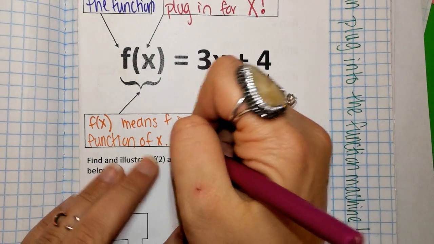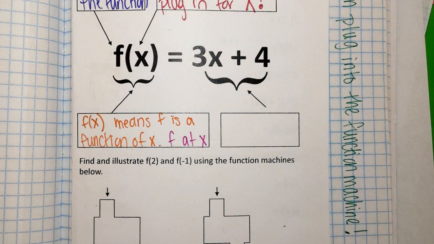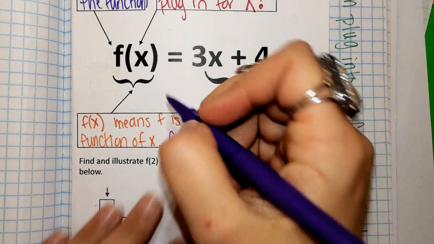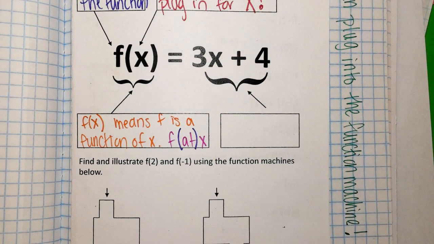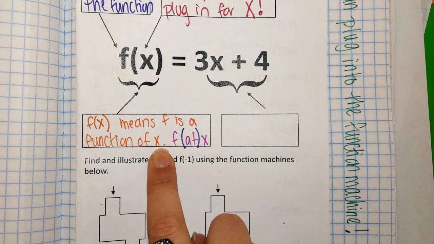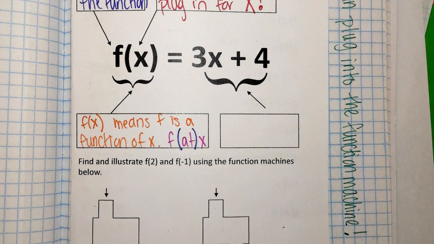And we say that as f at x. Not fat x, f at x. Because it's the function, the y value, at the x value. So remember when we plug in, that gives us our y value and it makes a coordinate.